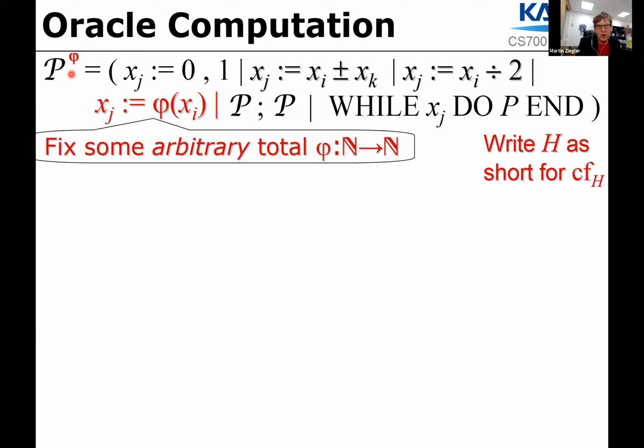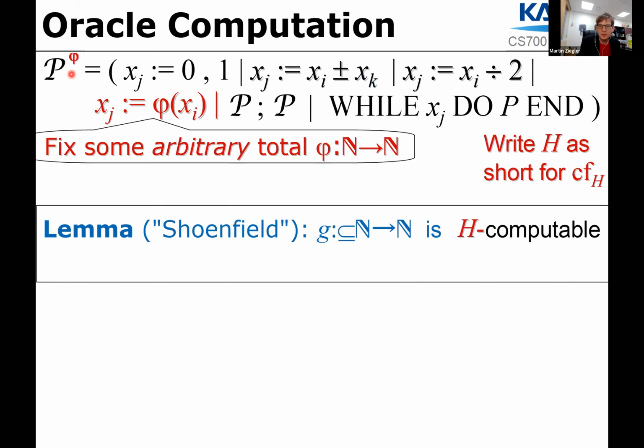Also, for now and here, we only consider total oracles that always return an answer, a natural number or 0, 1, for instance. Later, much later, we will have to also deal with partial oracles.